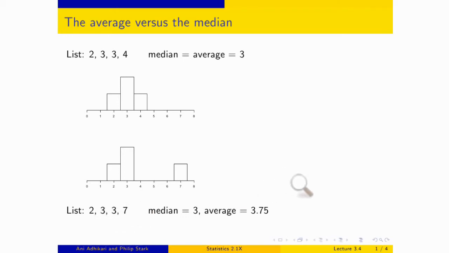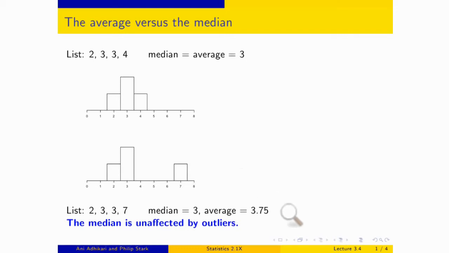We say that the median is unaffected by outliers. An outlier is a data point that lies outside the general range of the data. That does not affect what's going on in the center. And so the median is unchanged by activity at the ends of the data, whether at the high end or at the low end.